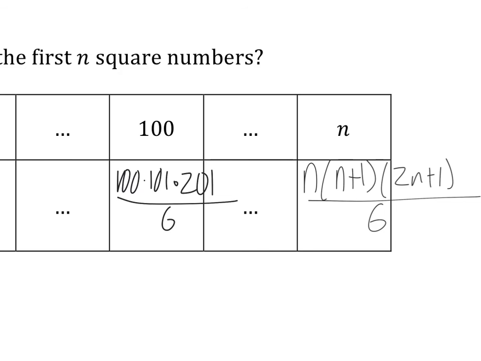And this is going to actually work out pretty nice because let's see. 2 goes into there 3 times, 2 goes in there 50 times, and 3 goes into there once, and 3 goes into 201 67 times. All right, well, let's see what that is. And that is 338,350. Okay, big ugly number.